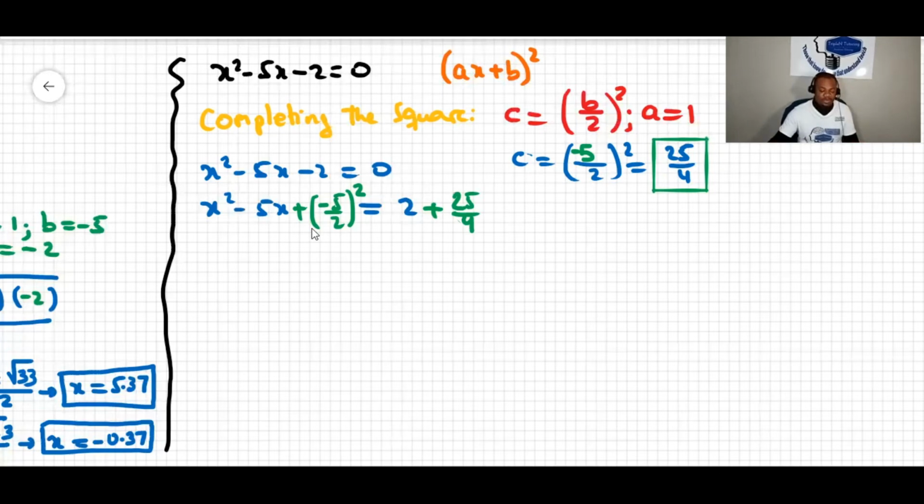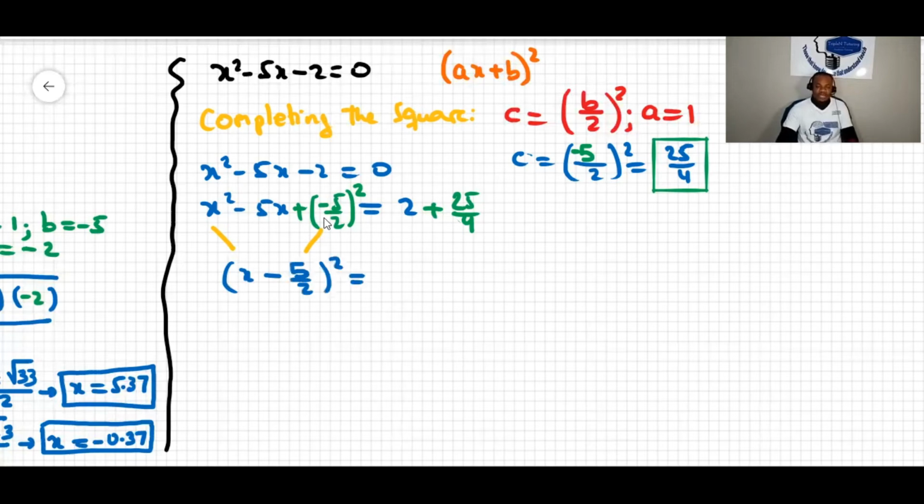So I'm just going to take the bases of the first and the last term, which will be x minus, because I need to take this together with the sign, 5/2. So I will write (x minus 5/2) to the power of 2.